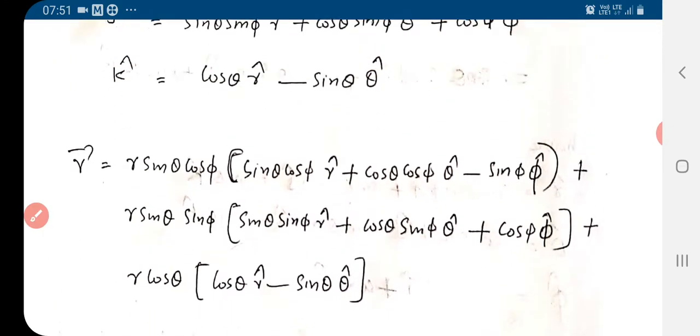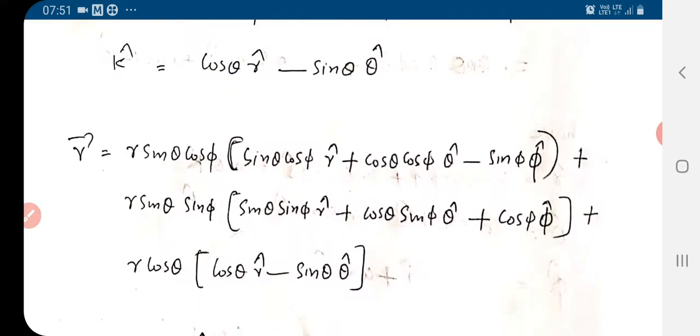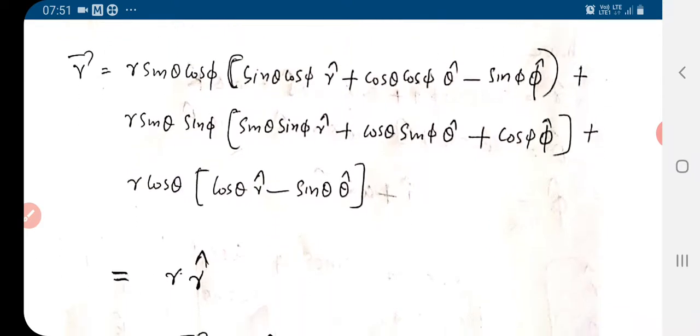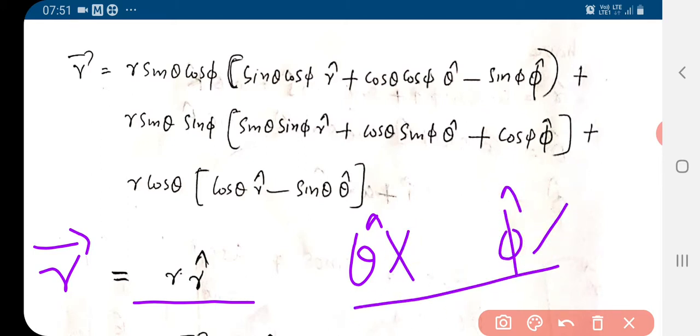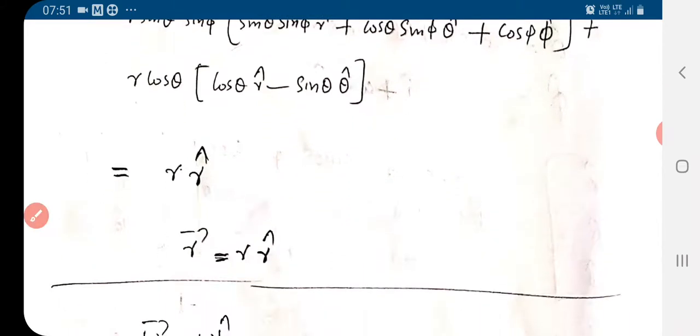Many terms will get cancelled, and we will be left with only this. So the position vector r in spherical polar coordinate system is simply r, the distance from the center, times unit vector r. It does not have theta dependence or phi dependence. So simply vector r is r unit vector r.